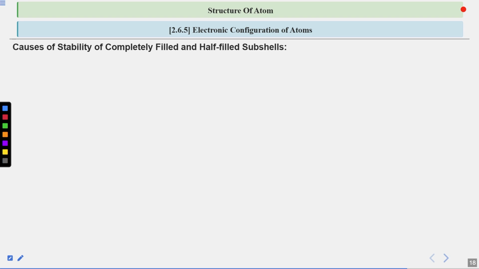Now I have told you in Hund's rule of maximum multiplicity that half filled and full filled orbitals are more stable than other orbitals. Why is it so that the stability of half filled and full filled is more? So let us try to understand that.